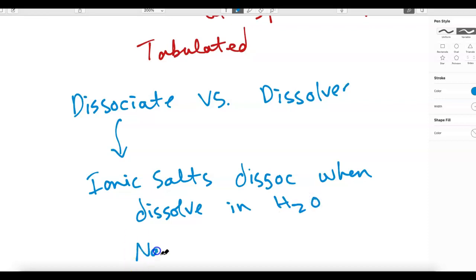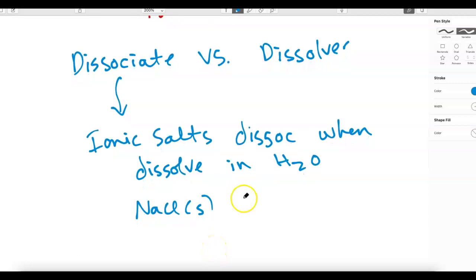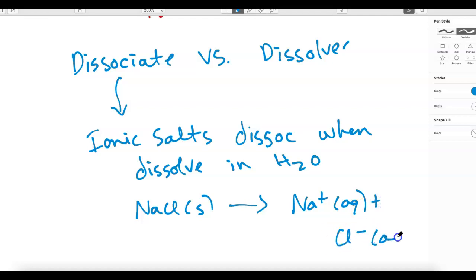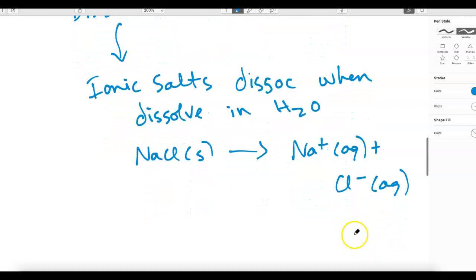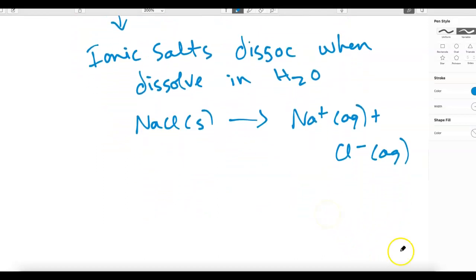And so they go from being an extended crystal solid lattice to being the separated ions, aqueous, surrounded by water, floating around in solution. So it's a very big difference. But molecular solutes just dissolve.